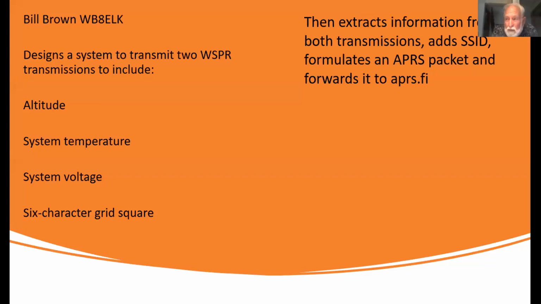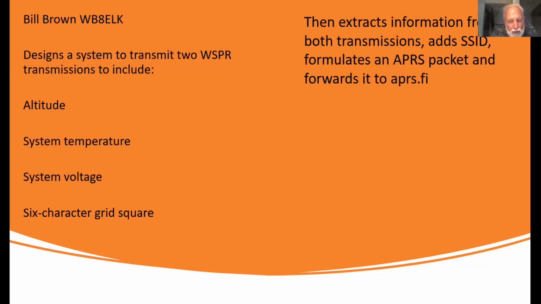He then encoded 2 subsequent WSPR transmissions, so it takes a total of 4 minutes. With those 2 transmissions, we can now get the data that we want. He and a few other people pick up these 2 transmissions, add an SSID to it, and form an APRS packet.